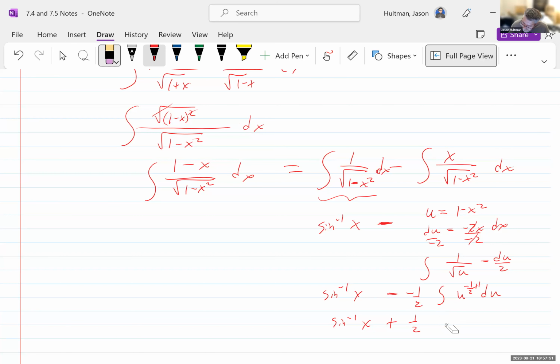Okay, and so this becomes u to the 1/2 divided by 1/2. Oh, look, the 1/2s cancel. That's nice. Plus C. Don't forget the plus C. Always plus C.